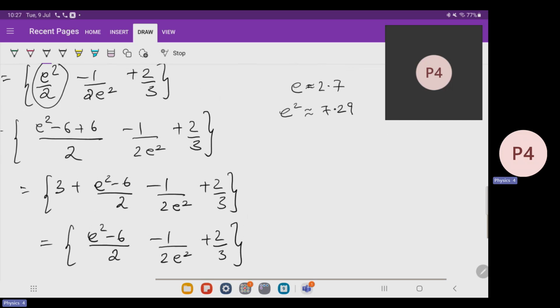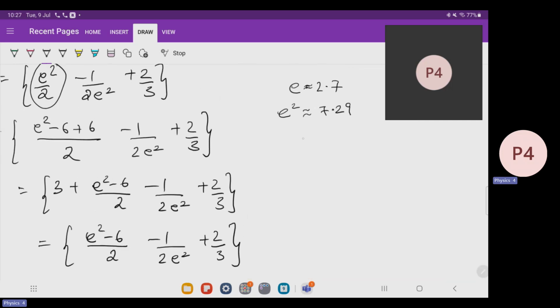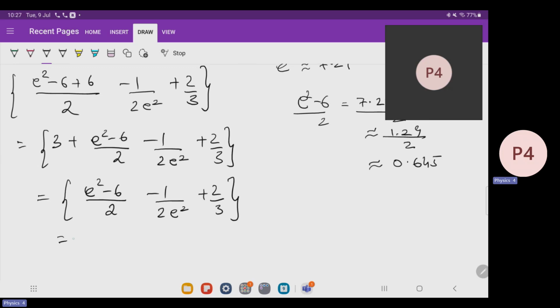Now see, approximating these values, what would be e square minus 6 upon 2? So it is 7.29 minus 6 upon 2. This is 1.29 upon 2, which is approximately 0.645. So this is approximately 0.65, let us say.